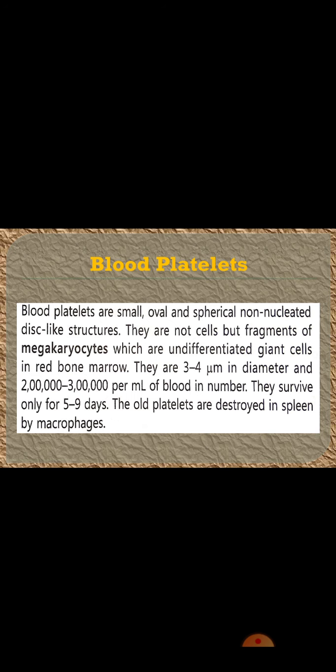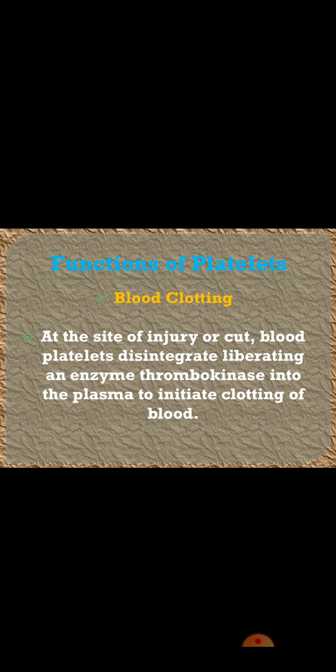If we talk about the function of platelets, they are essential for blood clotting. At the site of injury or cut, blood platelets disintegrate, liberating an enzyme thrombokinase into the plasma to initiate clotting of blood.